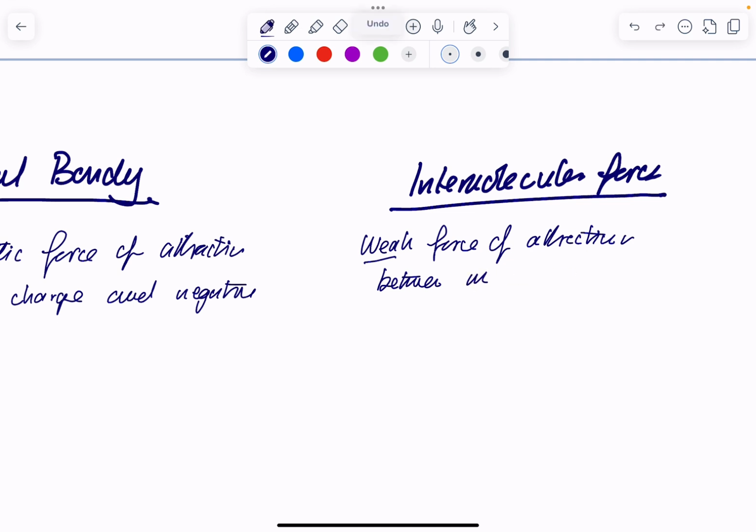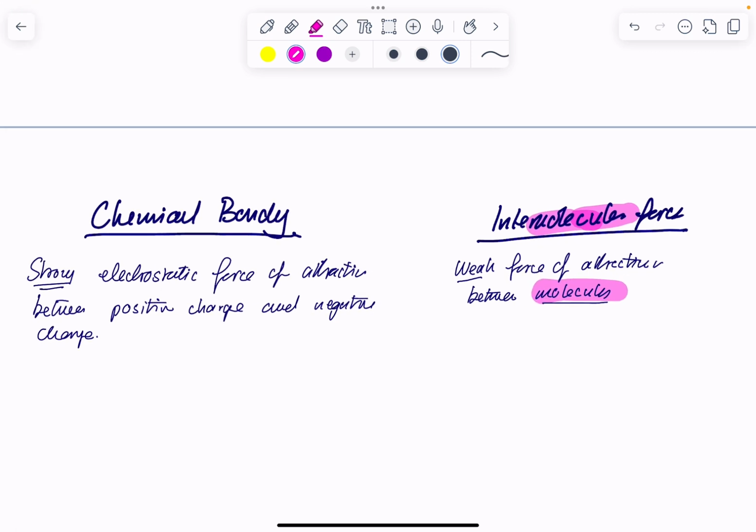Oh, I haven't spelled that very well. And you can get that link. So intermolecular forces are between molecules. And those are different from chemical bonds. All right.